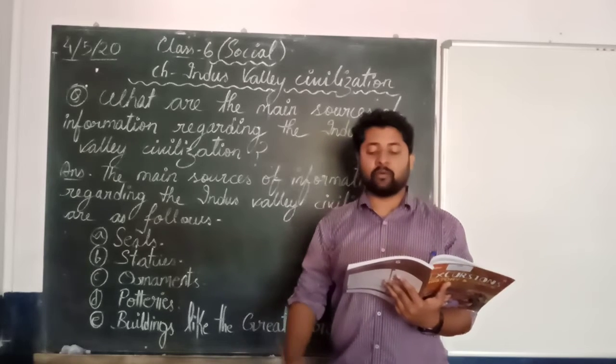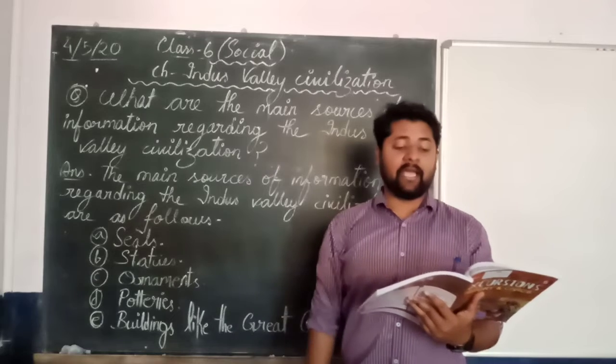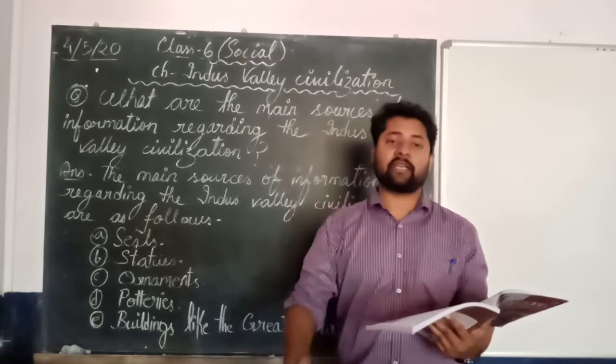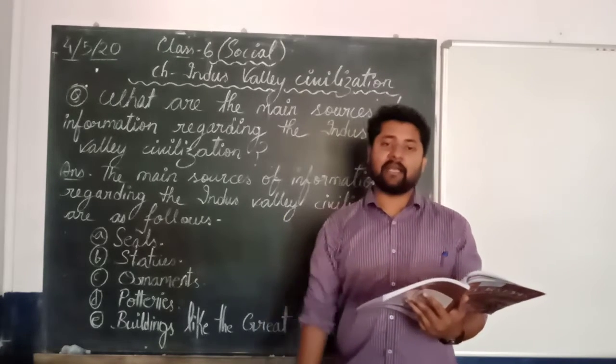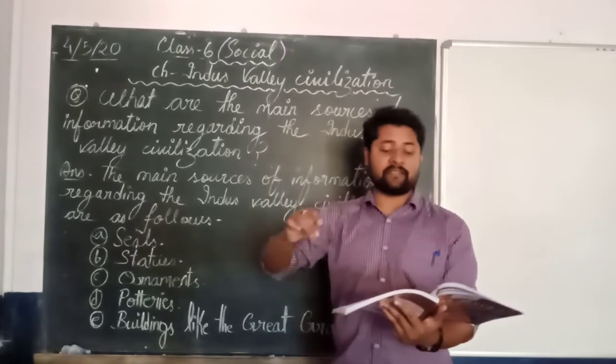They had inspection holes at regular intervals to clean them. What does this show? It shows that they had great concern for health and sanitation. So they were very much concerned for their health and sanitation. So this is about the drainage system of the Indus Valley civilization.